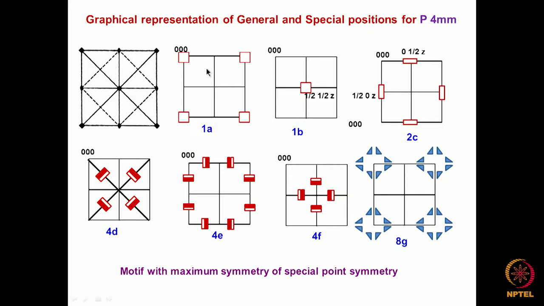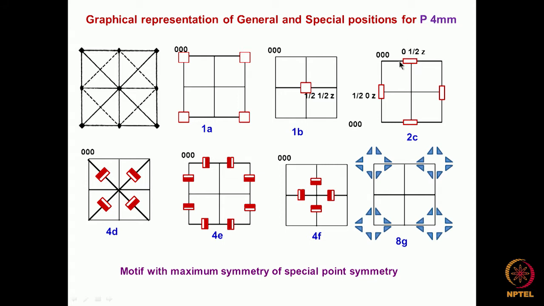That is, if it has a 4-fold symmetry, the motif from which we are trying to generate the crystal, it can be kept in this position or this position or at this position, only these 2 options are there, right, because at those positions the symmetry is 4mm symmetry. If I keep it at this position or this position, it has a 2mm symmetry. That means the motif itself should have a 2mm symmetry associated with it.